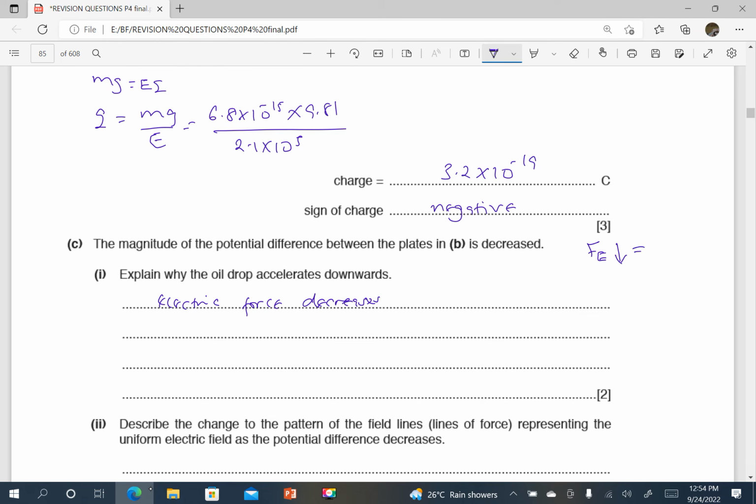Electric force is equal to Q times E, which is QV over D. Because V is reduced, the electric force has been reduced. So the electric force decreases, which now means that the weight is greater than the electric force.